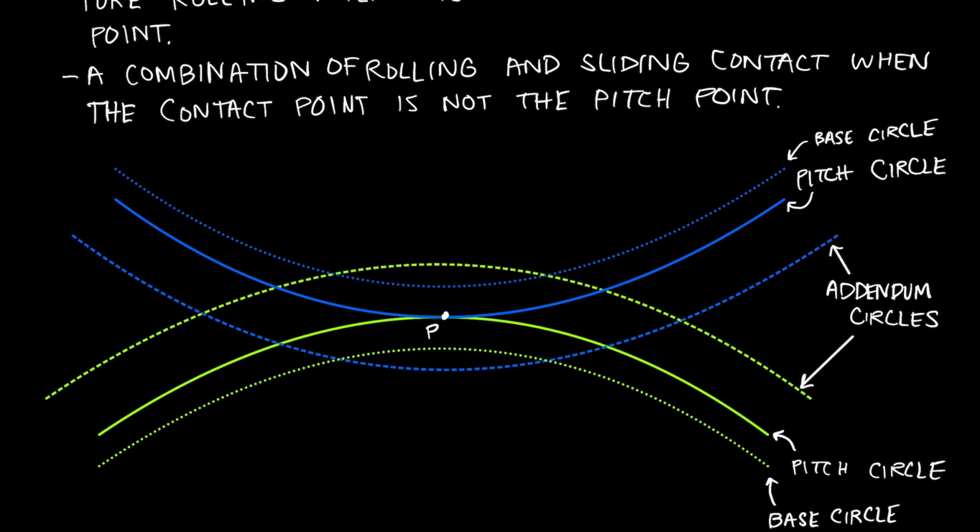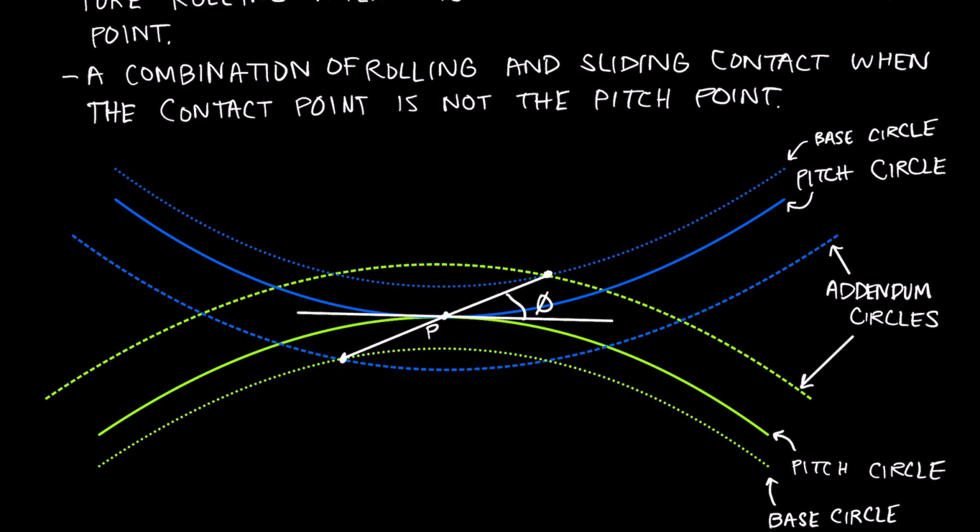So that would be here. And then it goes through the pitch point and to the intersection between the base circle and the pitch circle on the other side. Okay, and remember, the angle here we just talked about in our previous video. This is our pressure angle, phi.